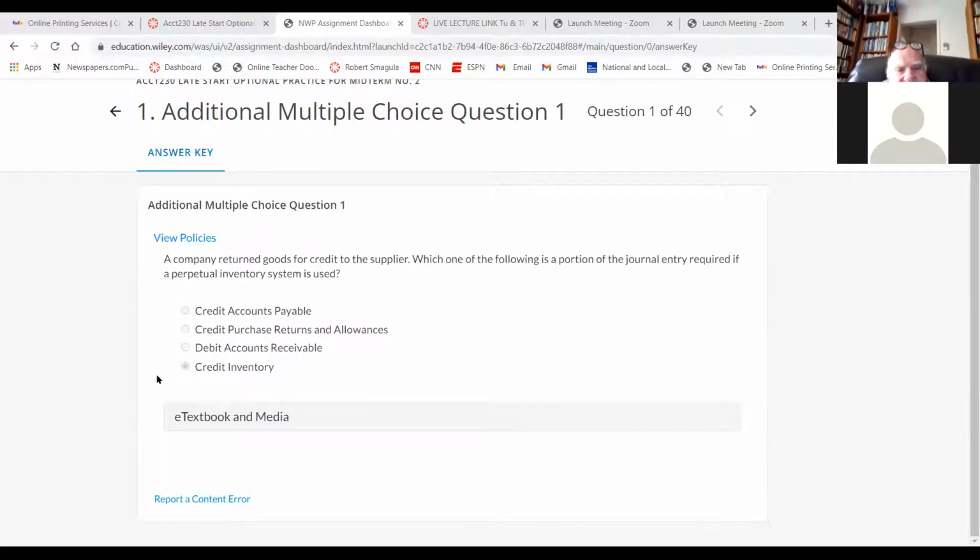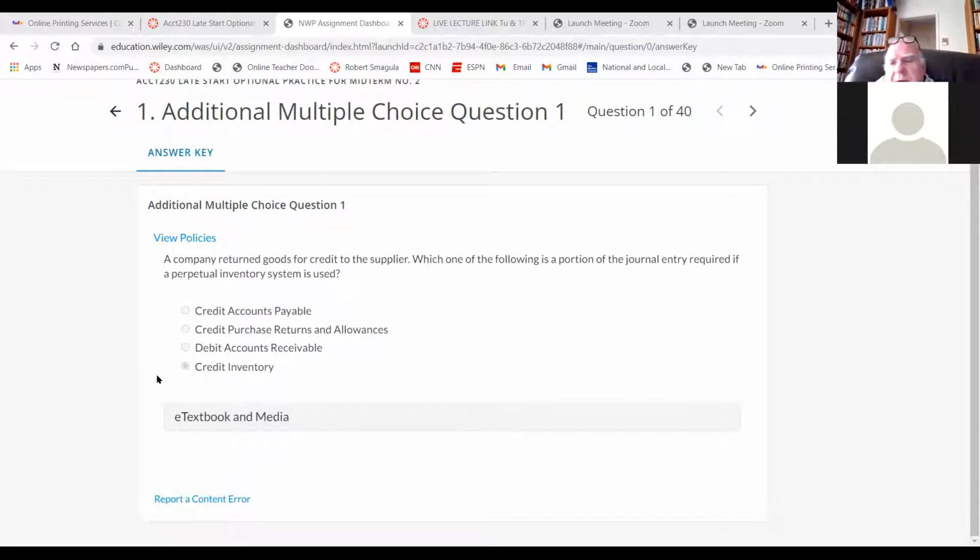Okay, well, this is a practice test, and I assume it's close to what you're going to get on the test. I've already put the answers in, and we can talk about them a little bit. Here they're asking about a company that returned goods for credit. Which one of the following is a portion of the journal entry required, assuming a perpetual system?